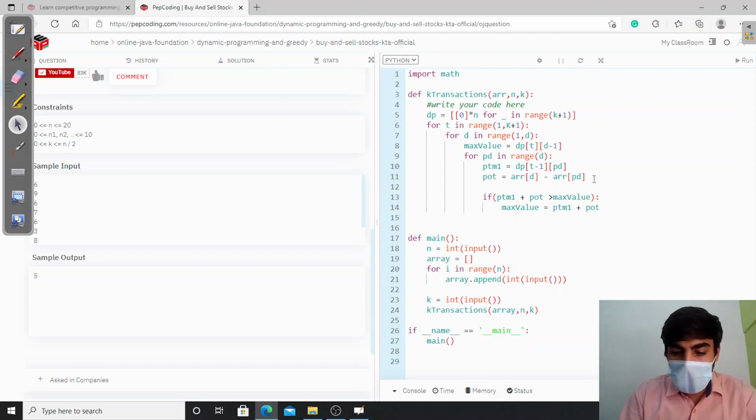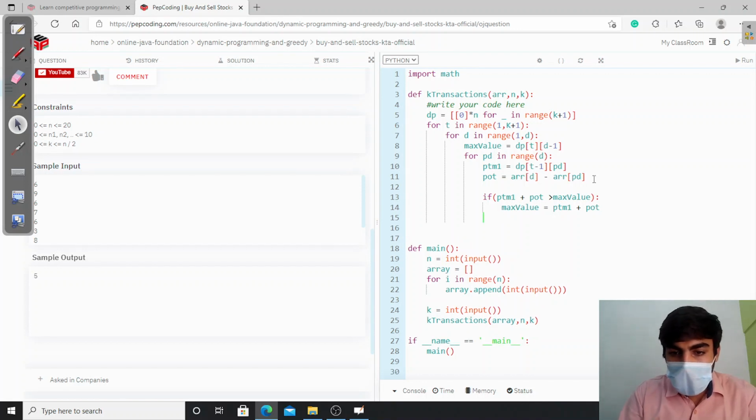After that, coming out of the loop, I assign these values to dp of transaction and day today, equal to max value.